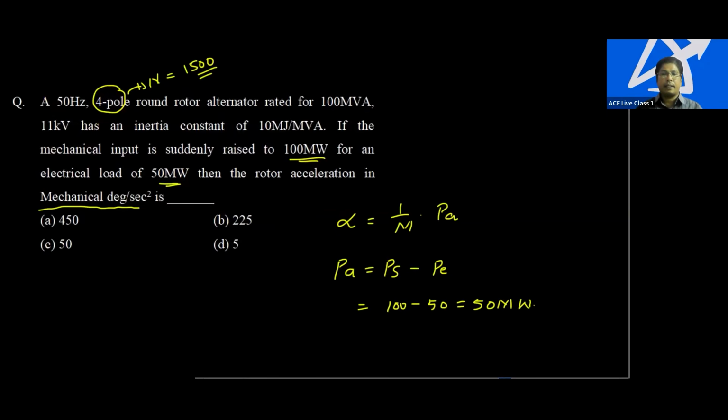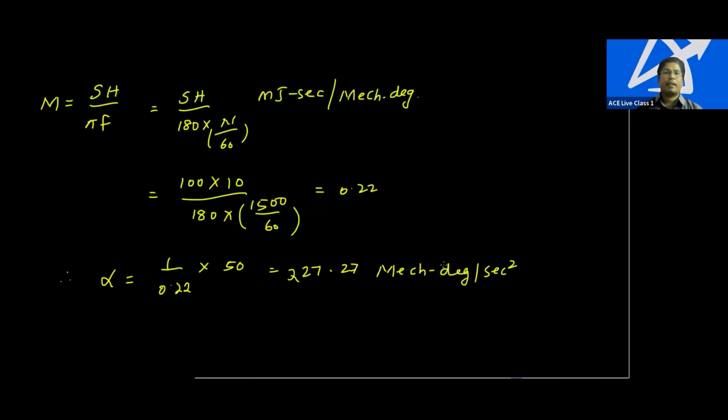Mechanical degree per second square. Right? It is nearly 225 mechanical degree per second square. Right. This is the most important part here.